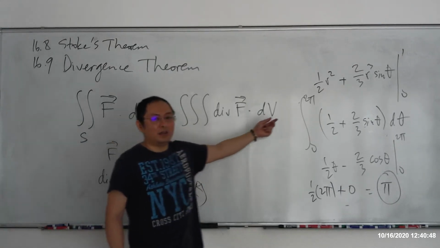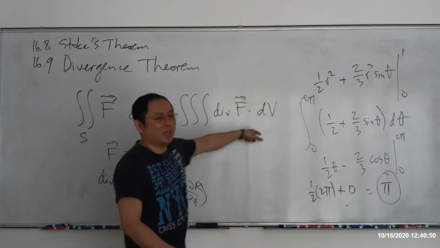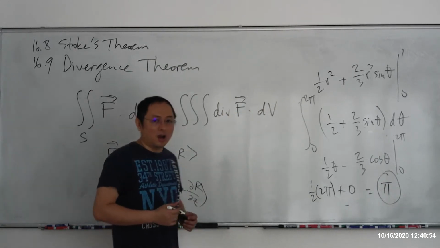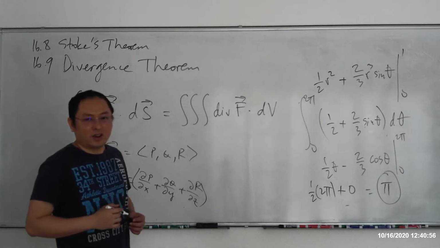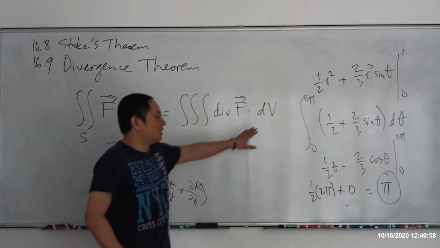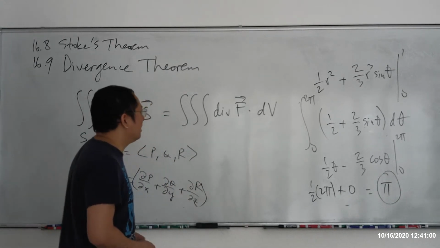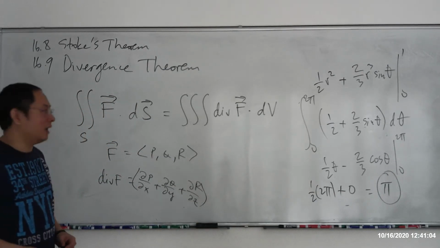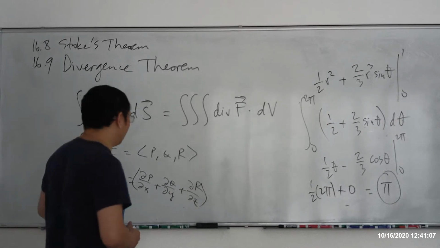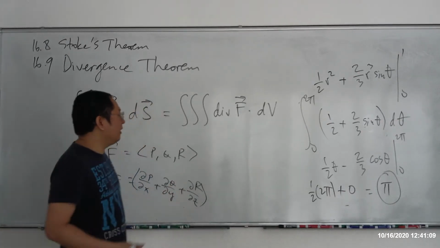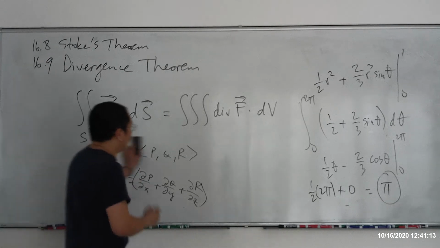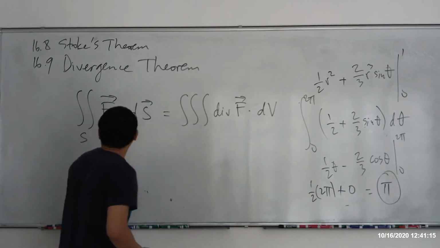And dV, if you use rectangular coordinates, is dx dy dz; in cylindrical coordinates, it's r dr d theta dz; in spherical coordinates, it's rho squared sine phi d rho d theta d phi. So this is the main theorem for 16.9.